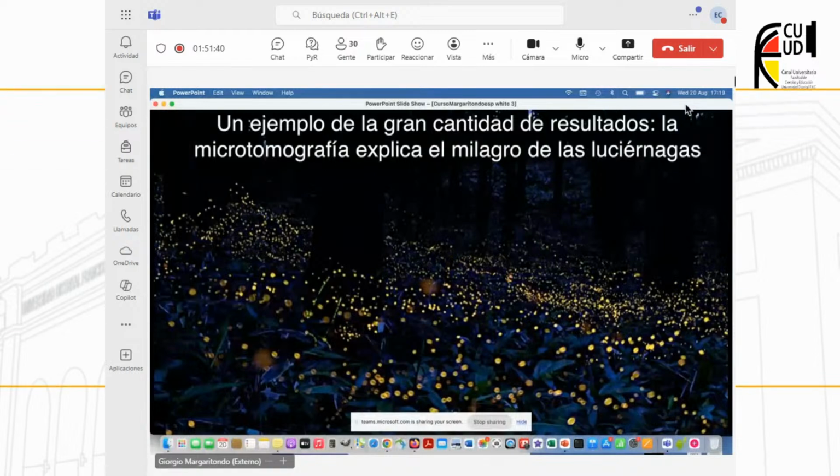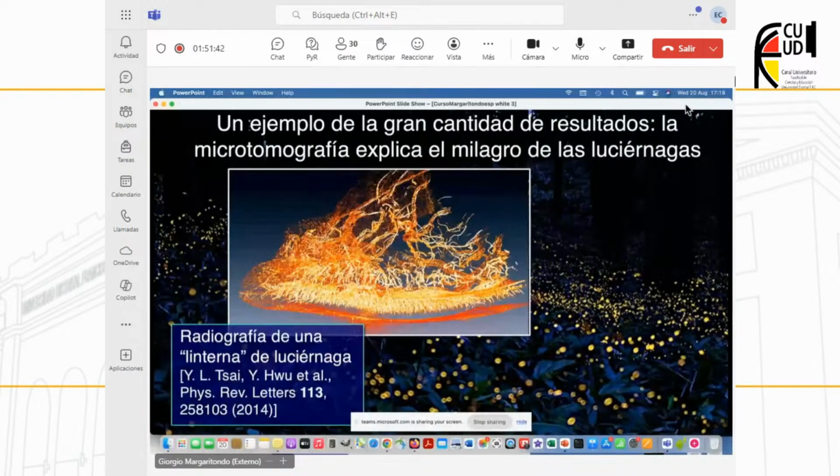This is a microscopic image of the organ that is responsible for the chemical process. The important point is that by using synchrotron radiation and the special characteristics of radiology with very high resolution, we have been able to see all this very complicated system of tubes where the chemical reactions are taking place.